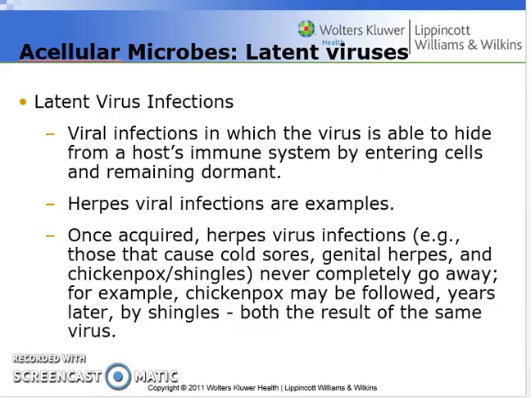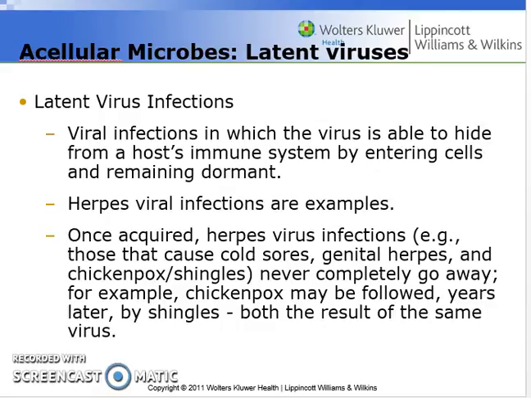And so herpes viruses, whether acquired in the form of cold sores, genital herpes, chickenpox or shingles, will not get out of the host immune system at all, so they will never completely go away. And so you may have an outbreak or an infection later on in life.